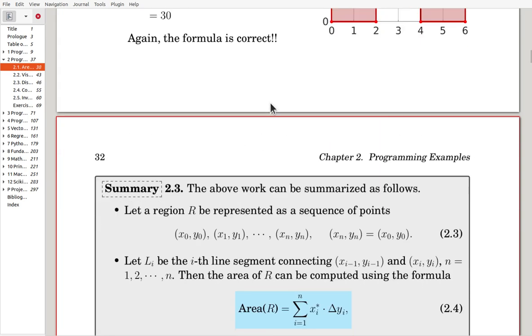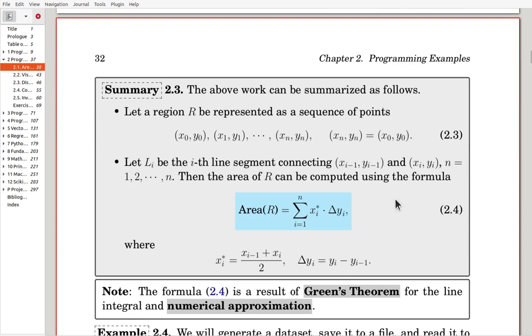Okay, so we summarize the above work in this way.